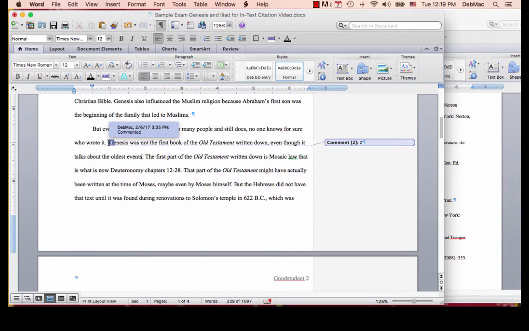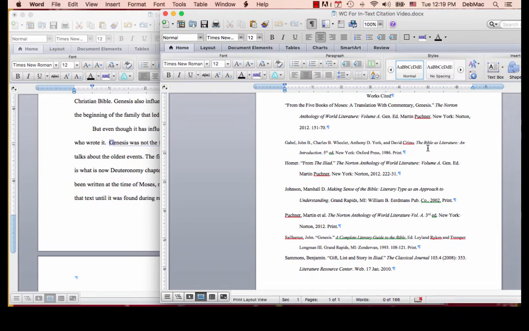And since it's the first time that she's worked with this source, which is Gable et al., she's going to include his first name and initial. Now, we know that any time that we have more than 3 authors, and here we have 4, we can use the phrase et al. as opposed to writing out all these names.